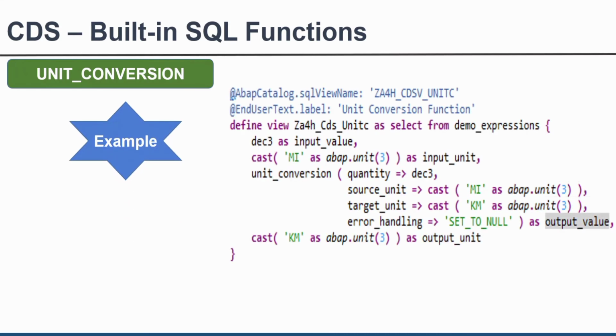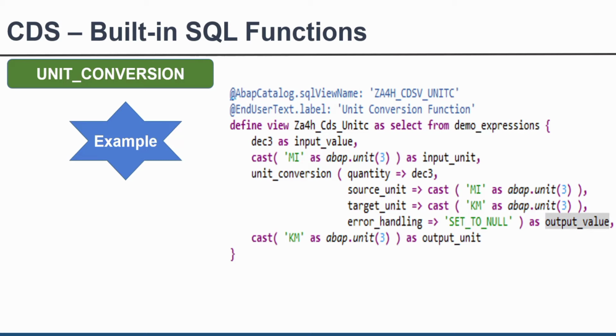Unit conversion, an example. We can read the documentation from the HANA Studio or Eclipse environment also. It takes 4 parameters: quantity, source unit, target unit, and error handling. Cast is being used in this example as well.